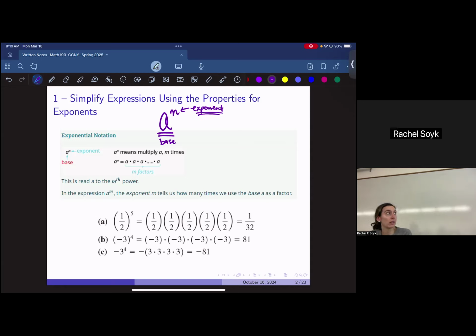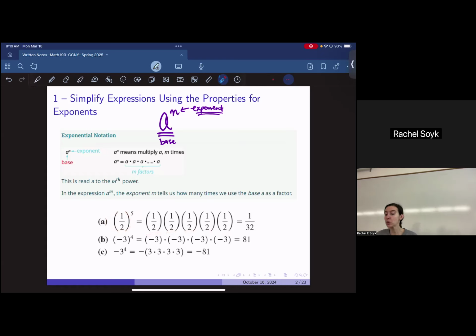So when we look at these three examples below, from a numerical standpoint, if we have the fraction 1/2 raised to the 5th power, this just tells us that we're repeating this fraction 5 times. The exponent tells us how many times we're using this base as a factor. 1, 2, 3, 4, 5.